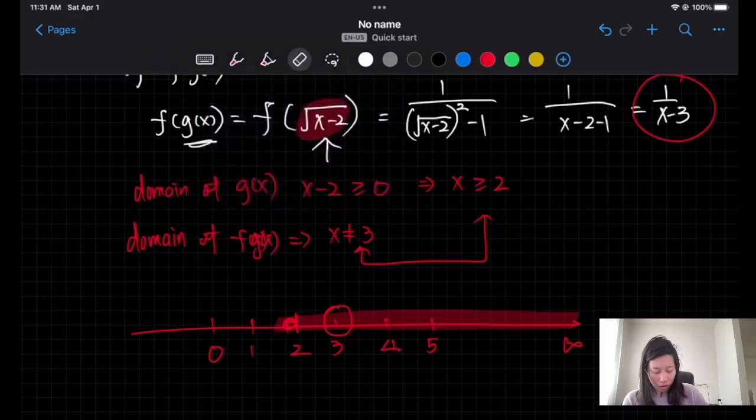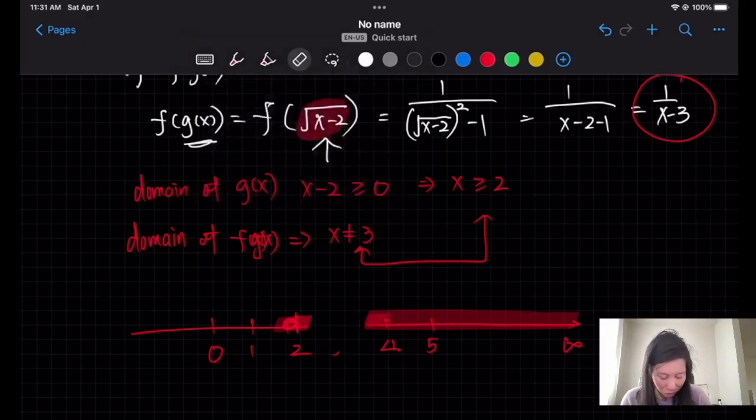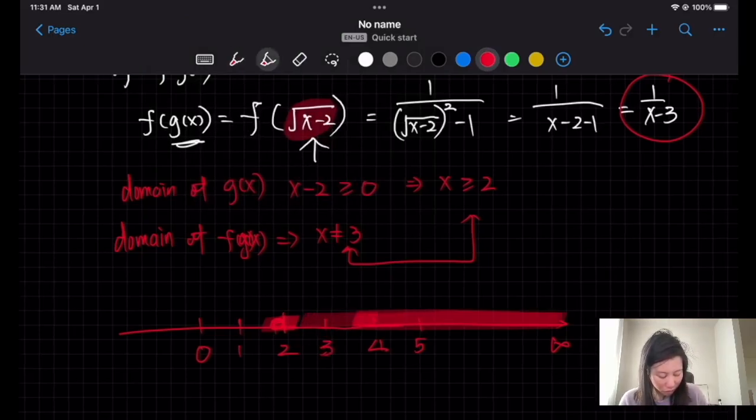3 has to be a circle. 3 cannot be included.